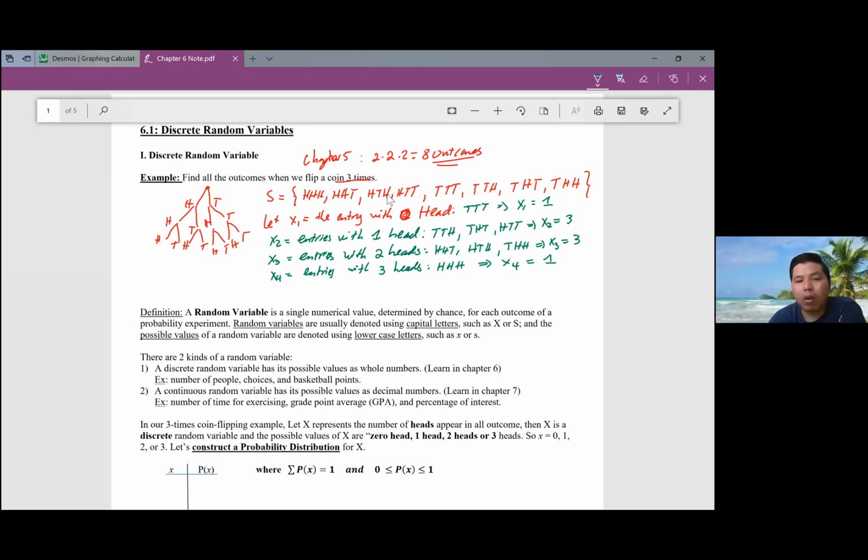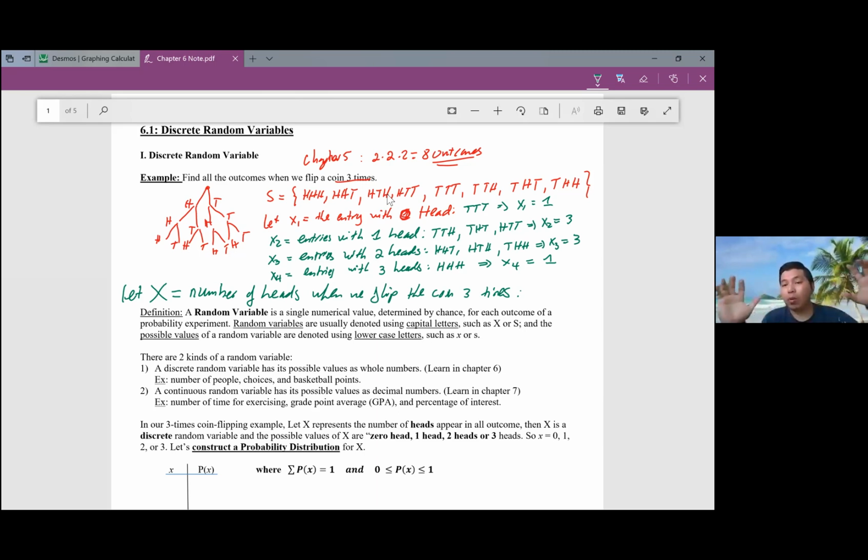So for example, if I let capital X be the number of heads when we flip the coin 3 times, okay? All right, so the capital X will be the number of heads when we flip the coin 3 times.